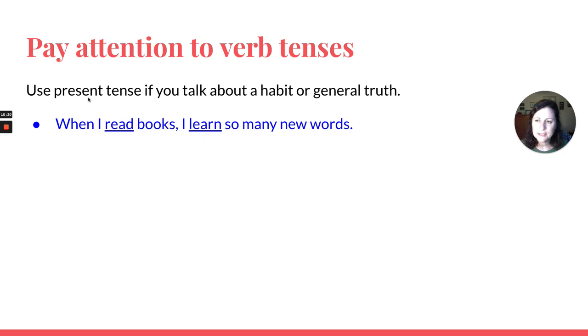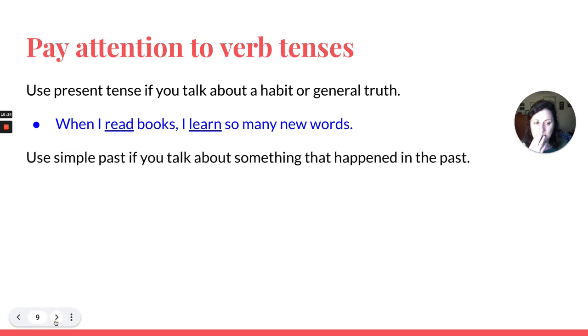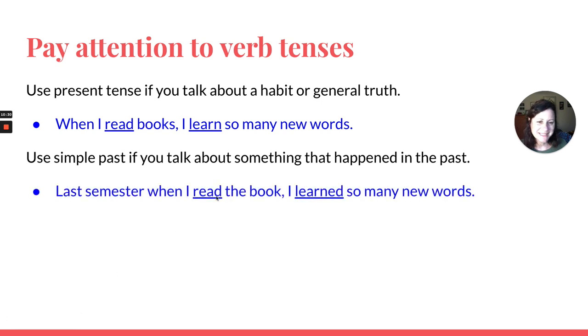So you can use the simple present if that's just a fact. But if you're talking about something that happened before in the past, you want to use past tense. Last semester, when I read the book, I learned so many new words. So this happened before in the past.